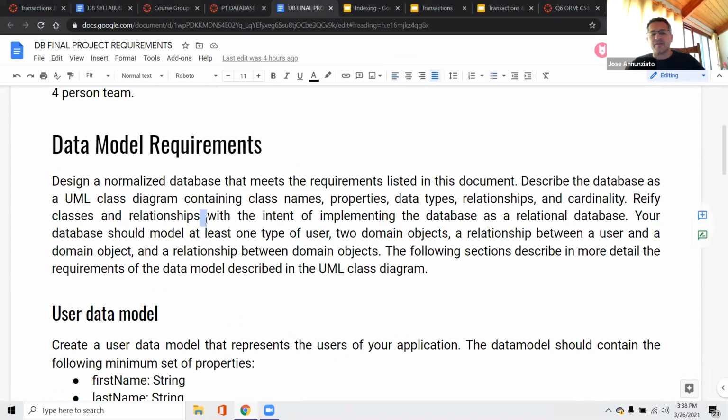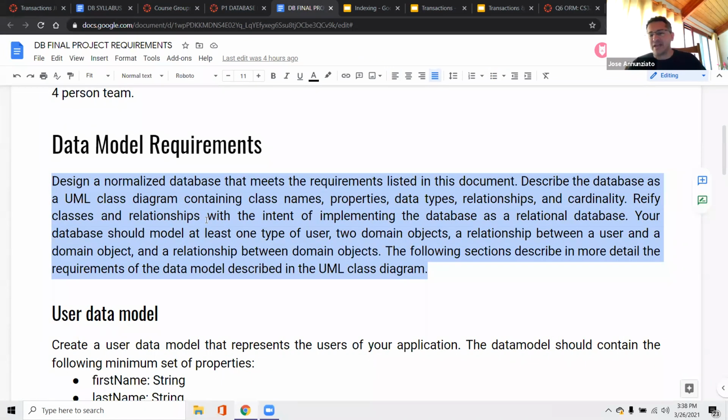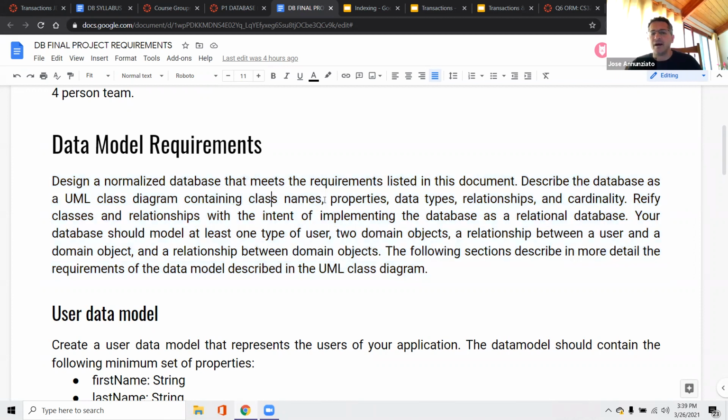First of all, you have to provide a UML class diagram, which is described in the P1 assignment. And that UML diagram needs to contain class names, properties, data types, relationships, cardinality, and you should reify your database with the intention of implementing a relational model.